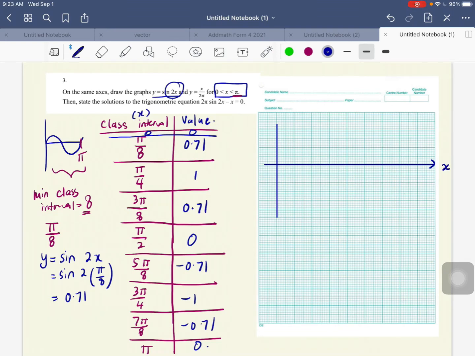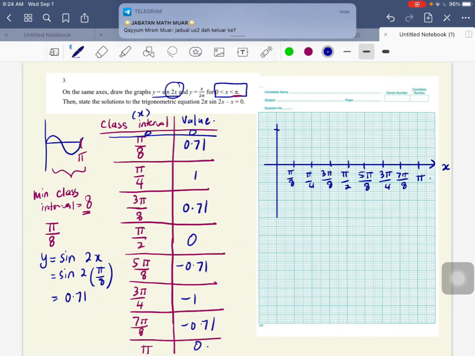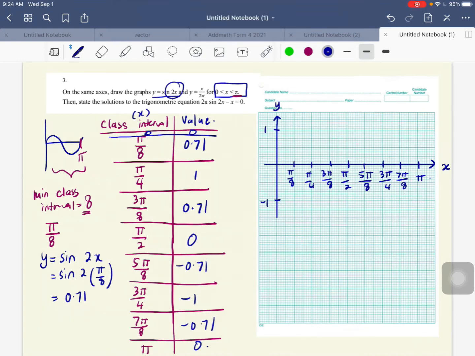The class intervals start with pi over 8, then pi over 4, 3 pi over 8, pi over 2, 5 pi over 8, 3 pi over 4, 7 pi over 8, and the last one will be pi. Because the maximum value for y is 1, I take this as 1 and this as negative 1. This is our y.